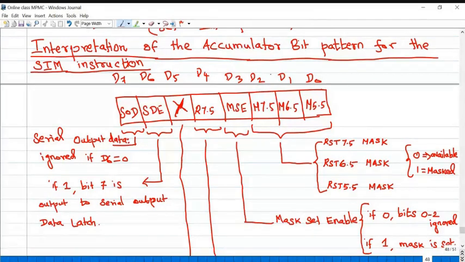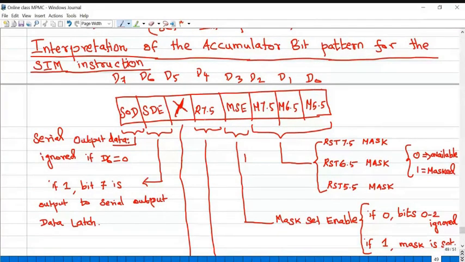So D0 to D3 are involved in masking a particular restart interrupt. And whichever interrupt we want to mask, we have to make the corresponding position 1.